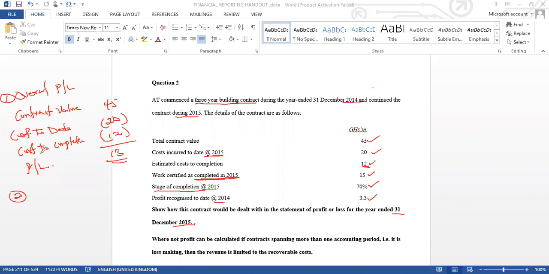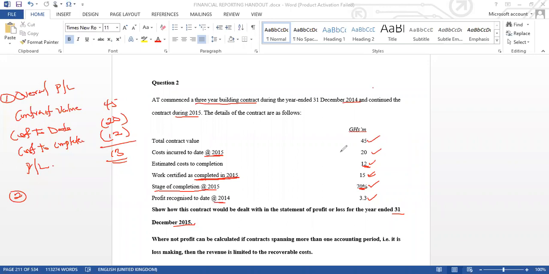I need to determine progress. So the progress, work certified, has been given to me. They said that stage of completion at 2015 is 70%. They've given it to us. Okay, 70%.